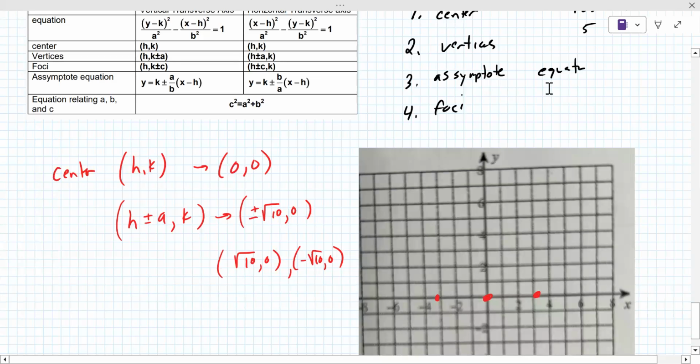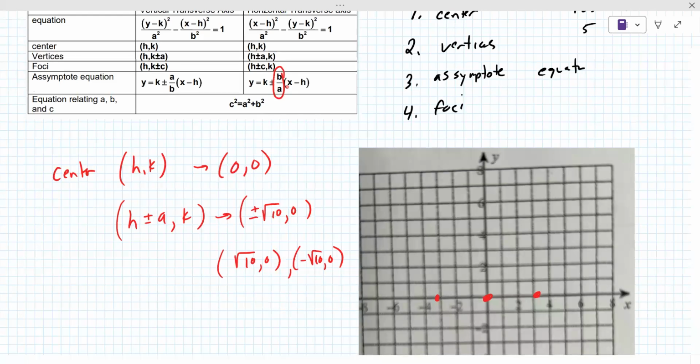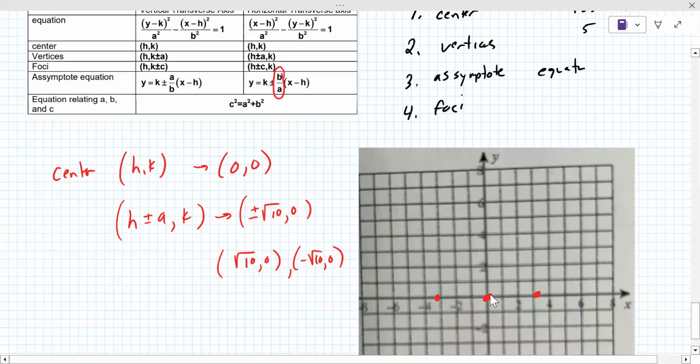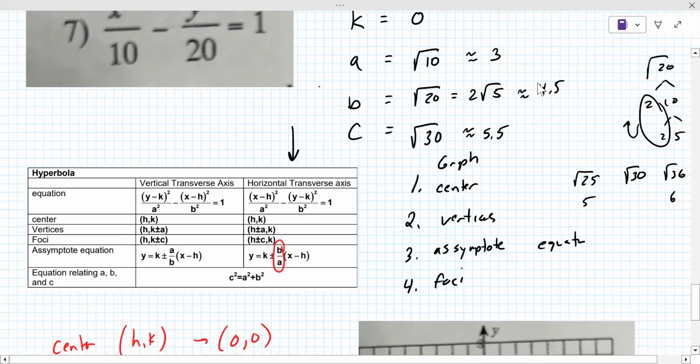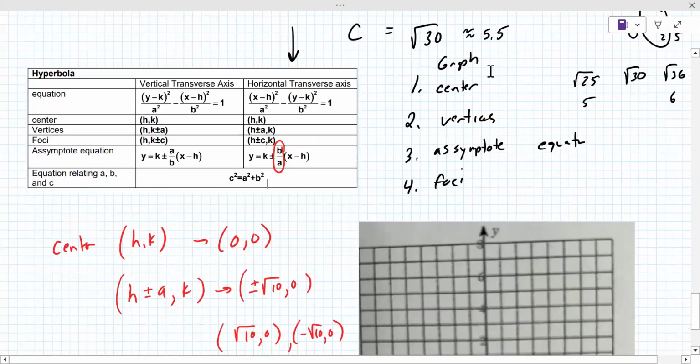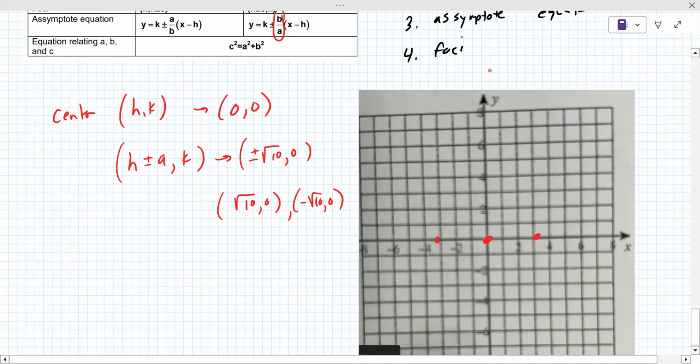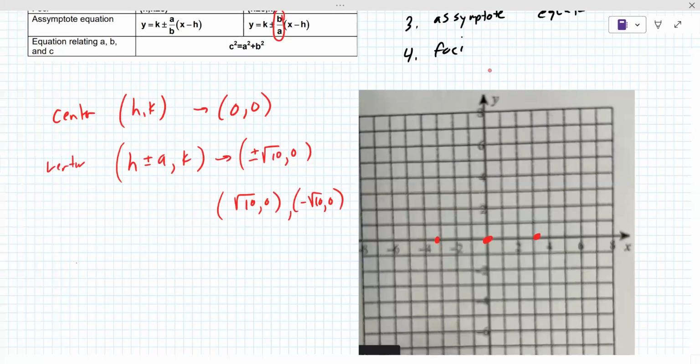Then the asymptote equation. Now, you could get really caught up in writing it, but you actually just need the slope. The slope is used from the center. The slope is B over A. B is 4.5, A is 3. So B over A, 4.5 over 3, is about 1.5 or 3 halves.